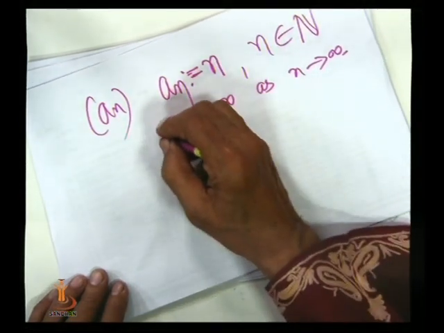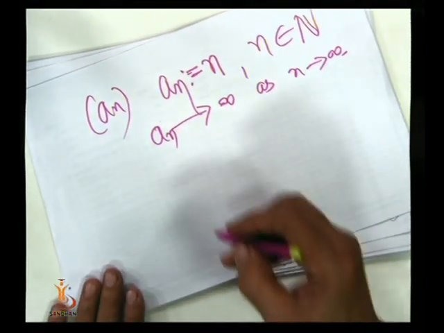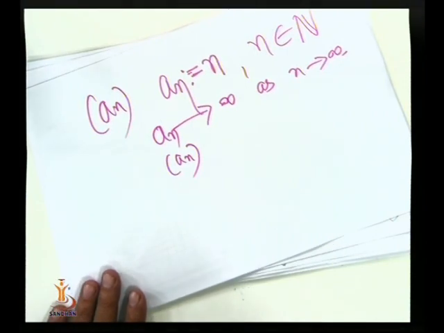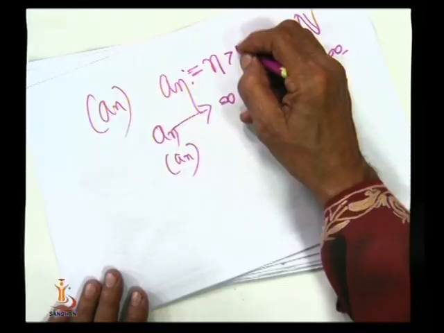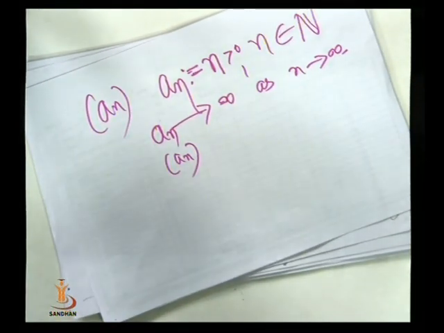So the sequence is not convergent, that is, it is divergent, because n is positive, so it diverges to plus infinity.